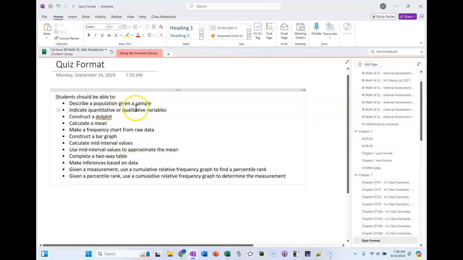Inside our OneNote here in the shared content library, I've put up a quiz format and test format.